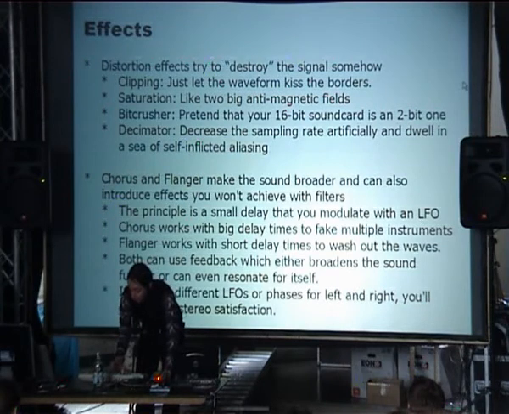This is still the same bass. Or by modifying the delay times, we can have different effects.